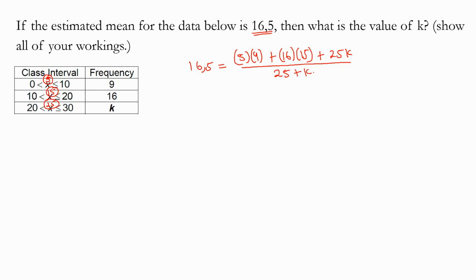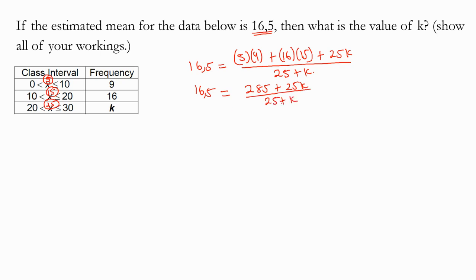This is like an equation with fractions. So we can start by saying 16,5 is equal to, we can find what 5 times 9 plus 16 times 15 is. This is 285. So this is 285 plus 25k over 25 plus k.